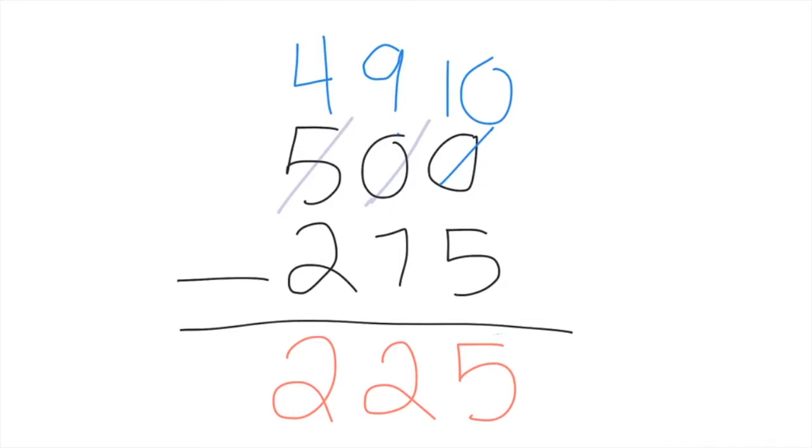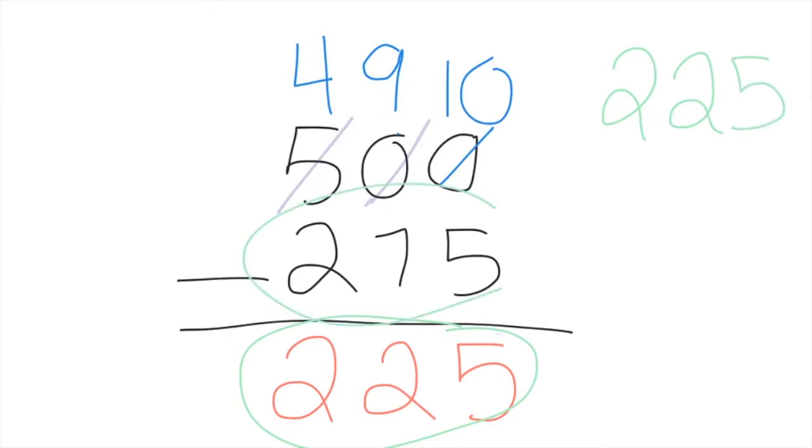Okay, so now that we are finished, on every subtraction problem that you do, you can add to go backwards and check your work. So to make sure that this was correct, we can take this bottom number here, 225, and then we can take this number here, 275, and we will add them together and make sure that our number was correct.